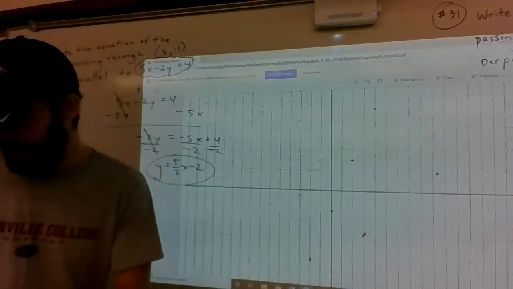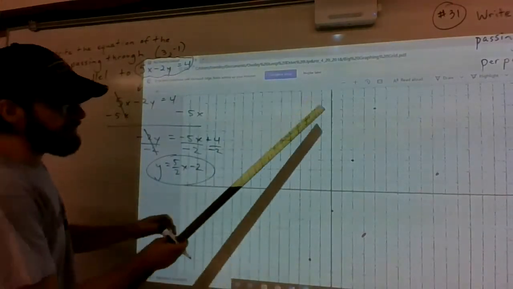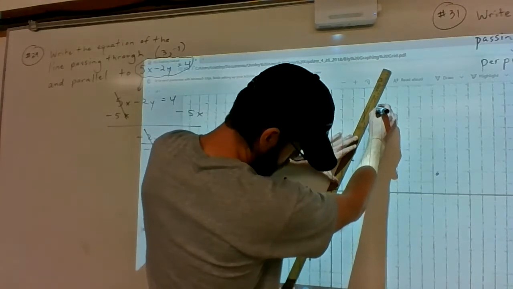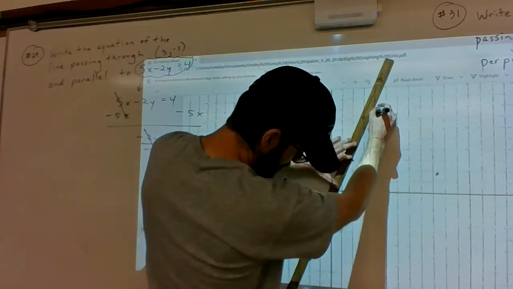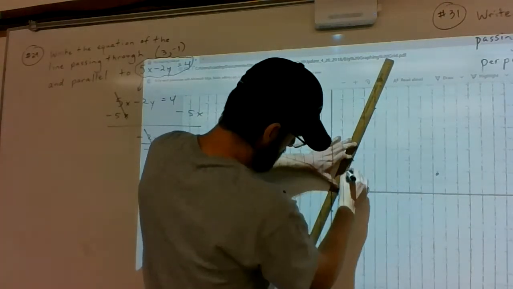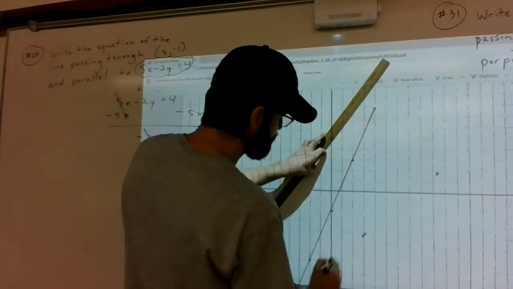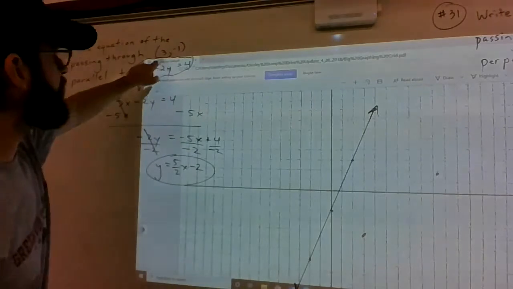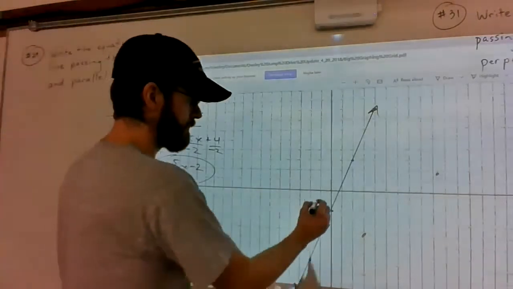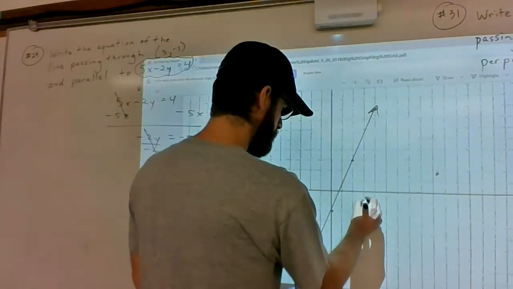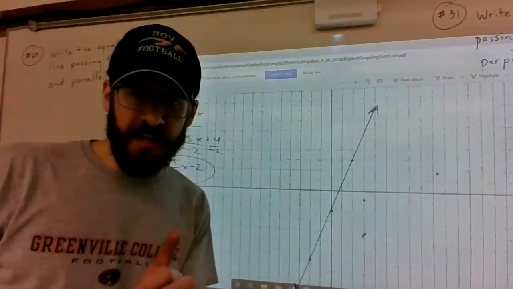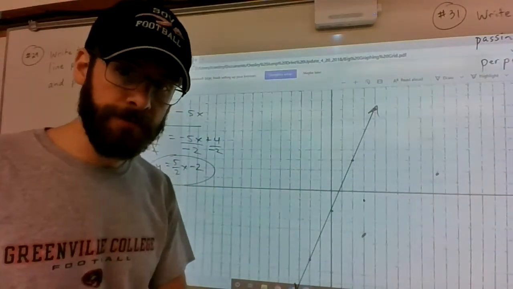Okay. So we need to write the equation of a line that's parallel to this one, and we know it's got to pass through the point (3, -1). So what you should be thinking is, they have the same slope.